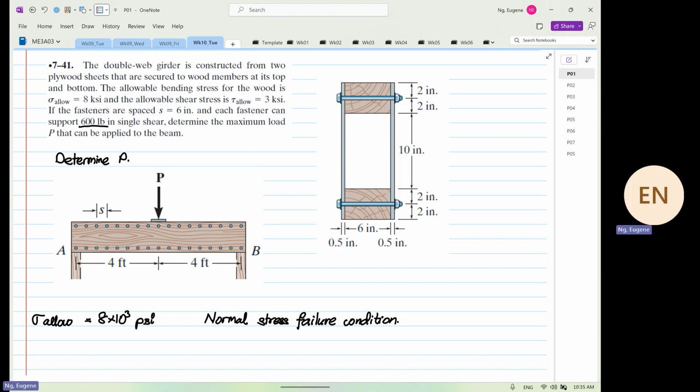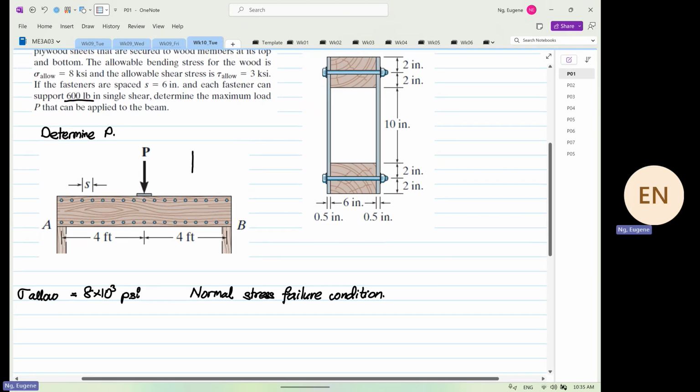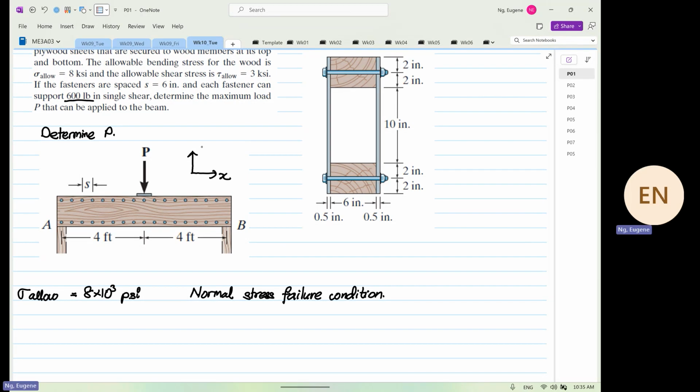The next thing that comes to your mind: what formula are we going to use? Yes or no? Okay, we are given normal stress, so what formula are we going to use? If we label this as our transformation, this is X and this is Y. And over here, what it shows us is the cross-sectional view.